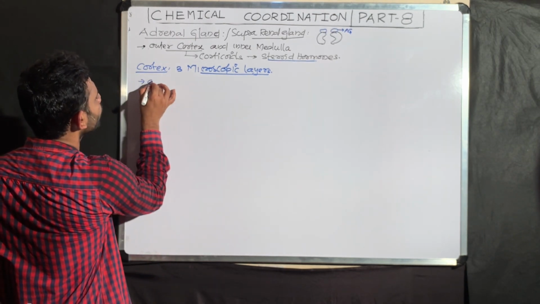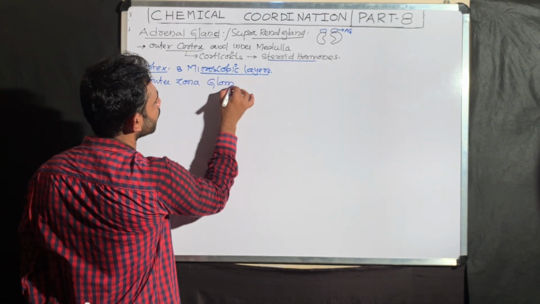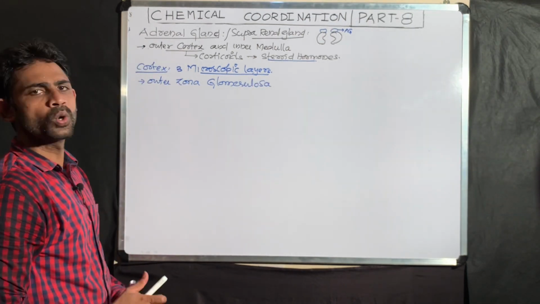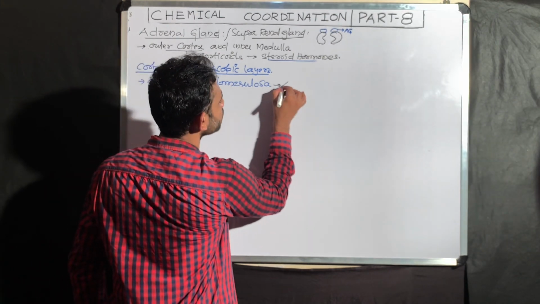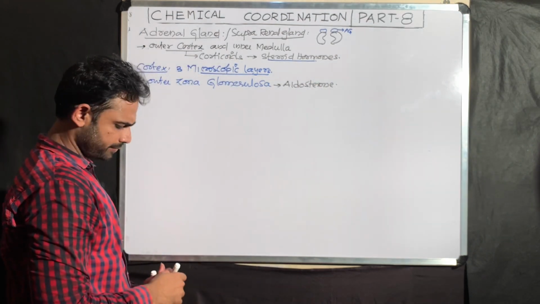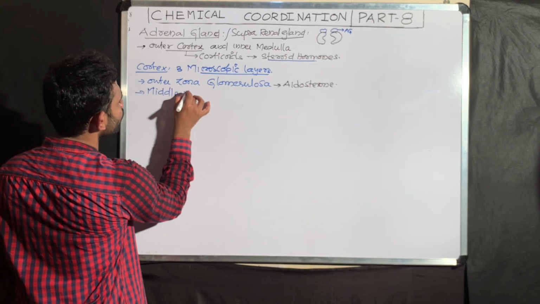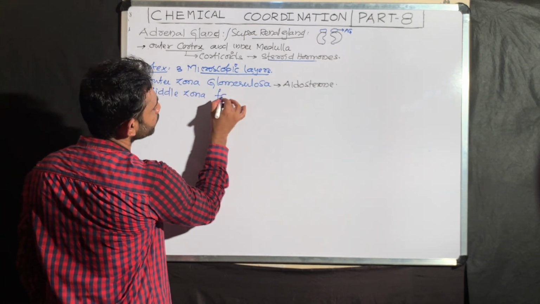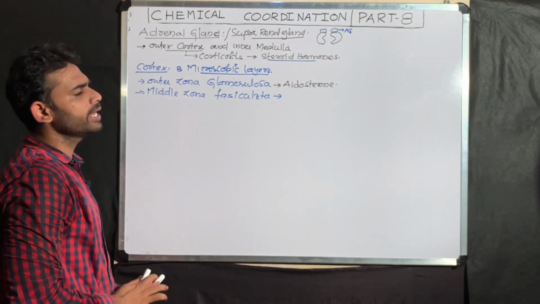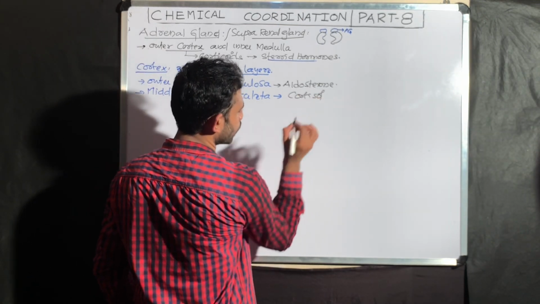The outer layer is the zona glomerulosa, which produces the hormone aldosterone. The middle one is the zona fasciculata, which consists of cells that produce the hormone cortisol.